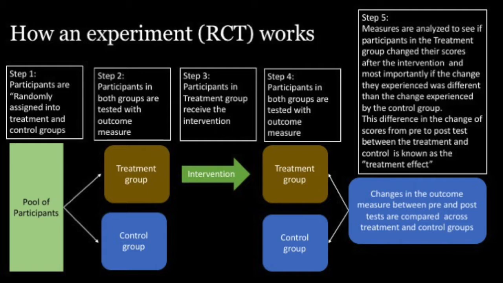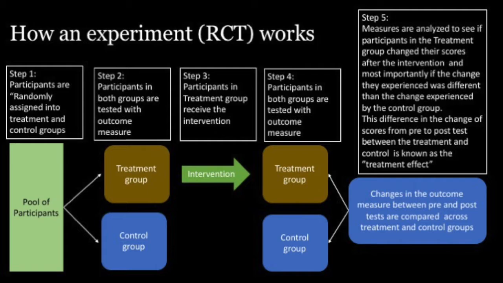Now, participants in both groups are tested in their reading, right? They're tested on the outcome measure. Then the treatment group is given the intervention, in this case, the reading intervention or the reading activities. And then after the activities are completed, participants in both groups are tested again.